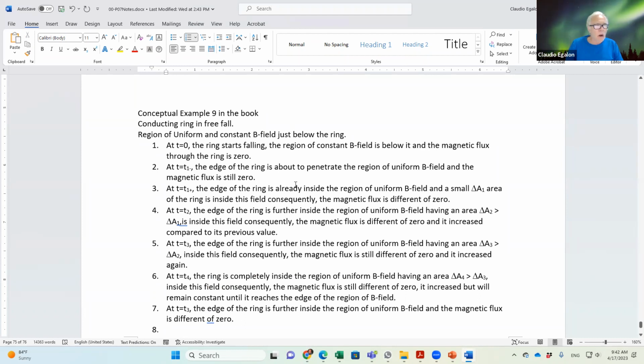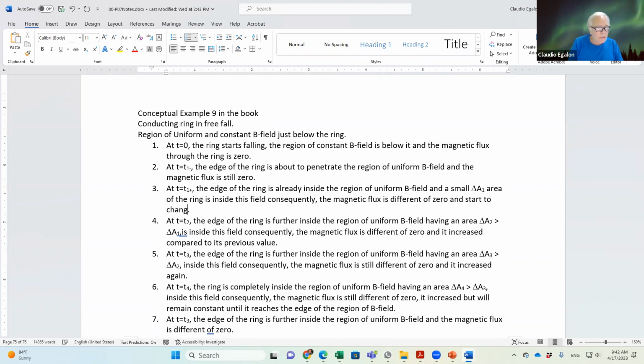Okay, the magnetic flux is different from 0, and it starts to change. This induces a current. Here, item number 3.